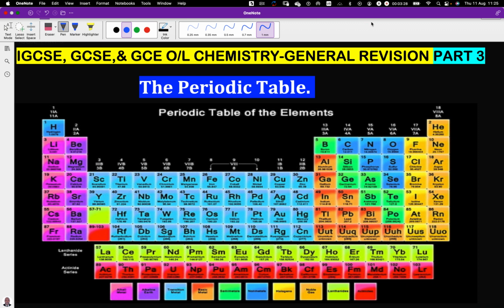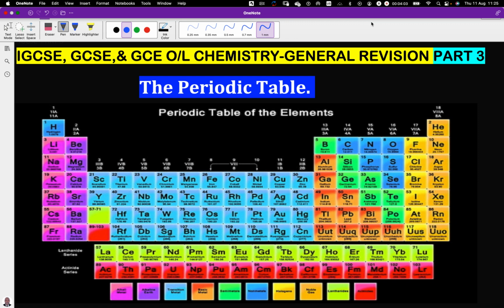Remember that the periodic table is a table of elements arranged in order of increasing proton number. Here, we call the groups group 1, group 2, group 3, group 4, group 5, group 6, group 7, and group 0, or group 8.